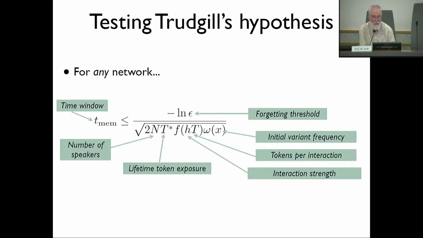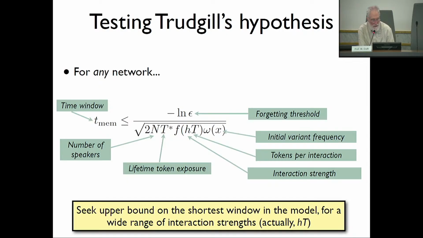We told you that was significant in the rate. Lifetime token exposure, so how much do people hear in their lifetime? The forgetting threshold, as I told you, you're never going to get the change to happen if they don't forget. The initial variant frequency, so majority variants are more likely to fix faster. Tokens per interaction, so how much people talk at one time, and then the interaction strength, which is how much we accommodate to everybody else.